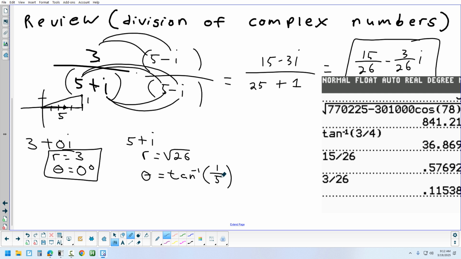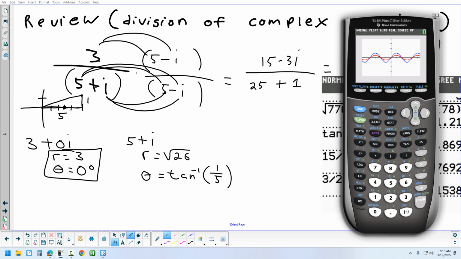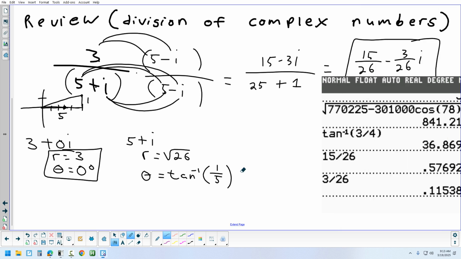Inverse tangent y over x. We got it right this time. Okay, so now let's get that angle. That's going to be the only thing we have to round, but I do want to round it. So it's 11.3, pretty close to 11.31.